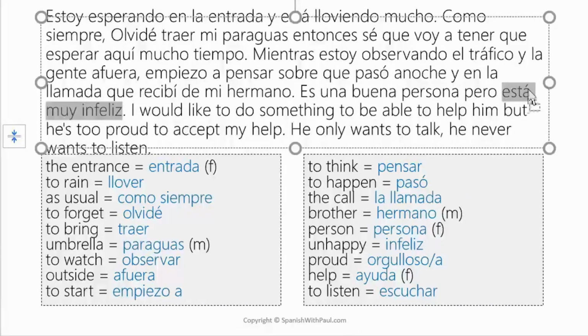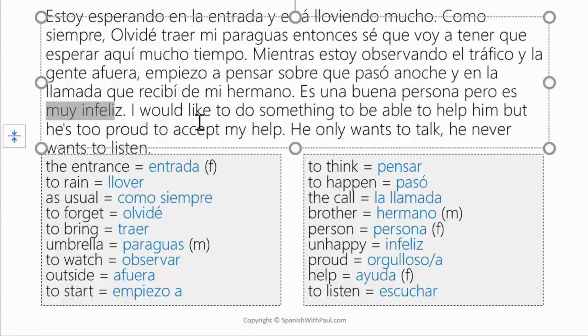If you switch to es muy infeliz, then again, this would be belonging now to his identity, that most of the time you see him in general as being an unhappy person. So both are correct. It just depends which meaning you want to convey. It all depends upon what you are visualizing in your mind. So we're going to keep it on the ser for both sides.